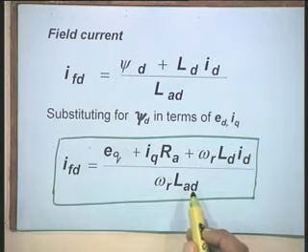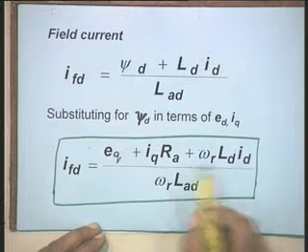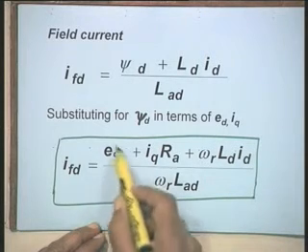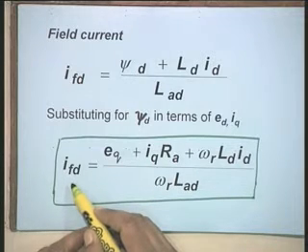These are all circuit parameters or synchronous machine parameters, and they are all known. Okay? And therefore, when the system is operating with some load, that load will determine IQ and ID. And then for a particular value of EQ, this is the value of IFD required.